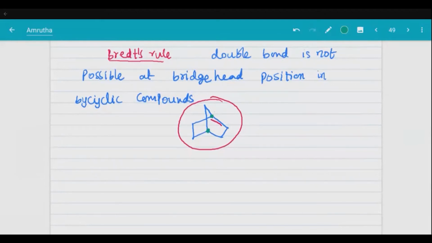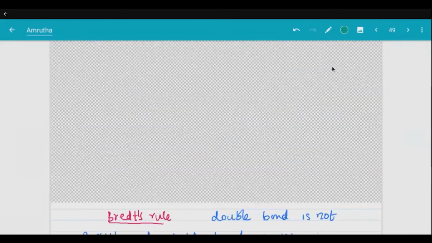You can't write a double bond at the bridgehead position. So check that.